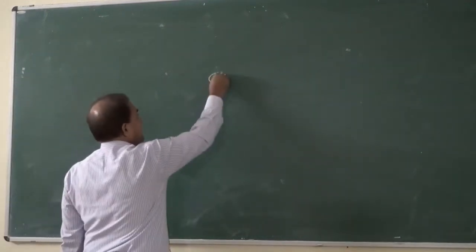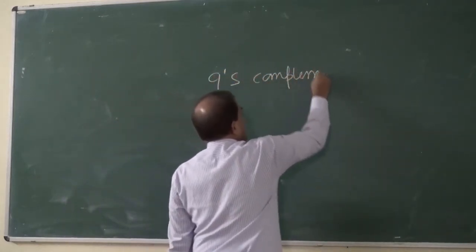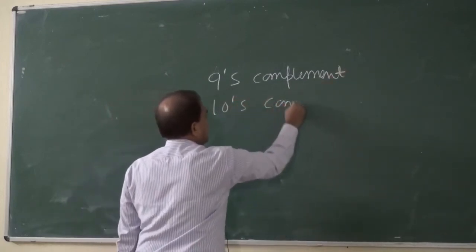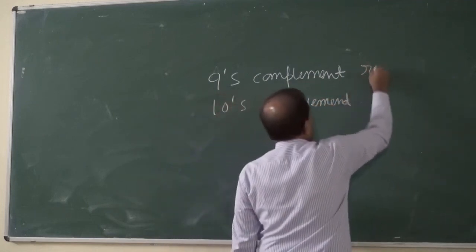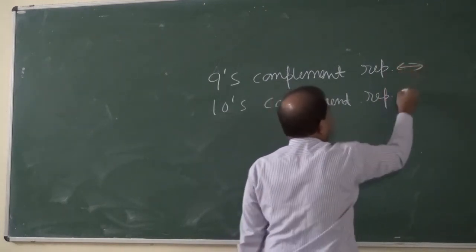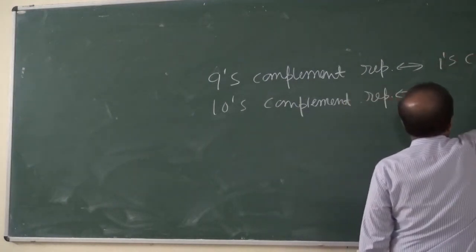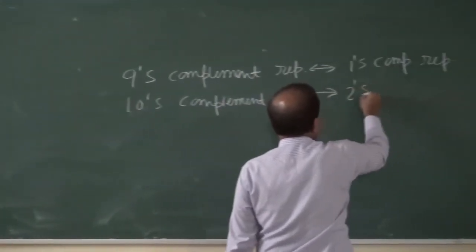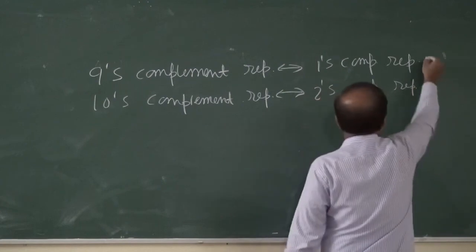In decimal numbers you can see there are 9's complement representation and 10's complement representation. So 9's complement is equivalent to 1's complement representation in binary, and 10's complement is equivalent to 2's complement representation in binary.